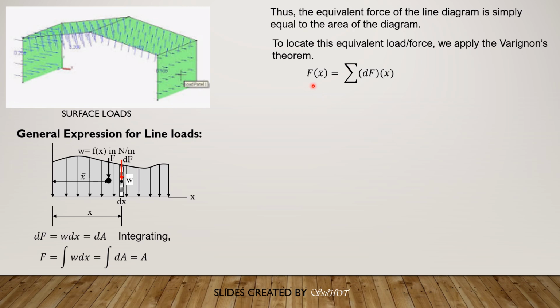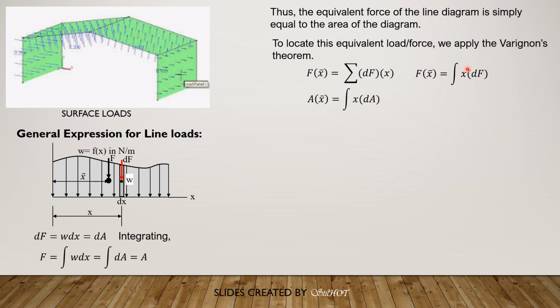F is equal to the area, remember, and dF is equal to w dx, times this x here. So this summation is replaced by the elongated S, or the integral sign. So we have x-bar equals the integral of x dF over F.